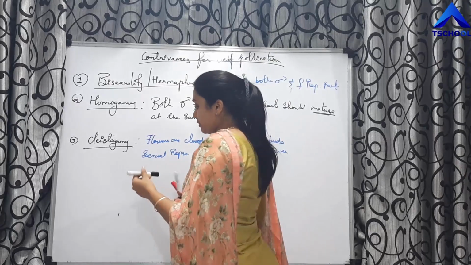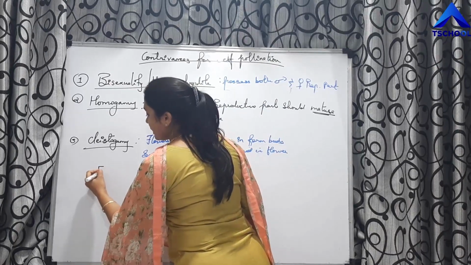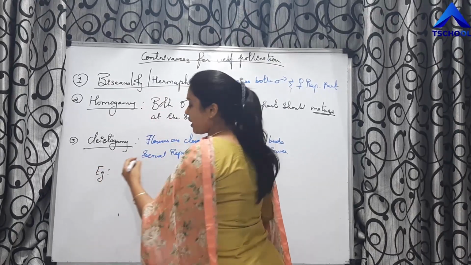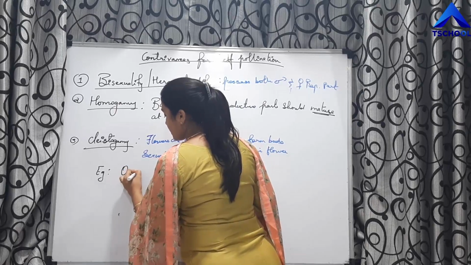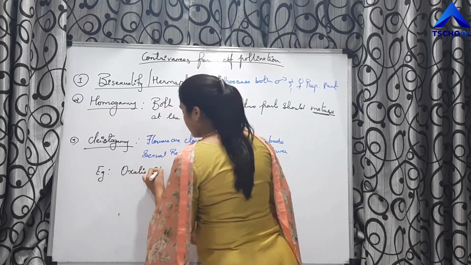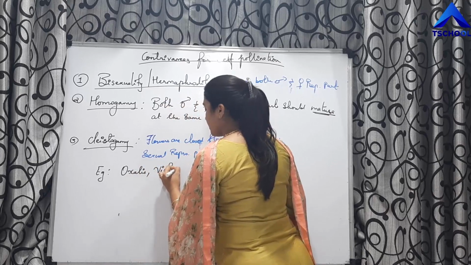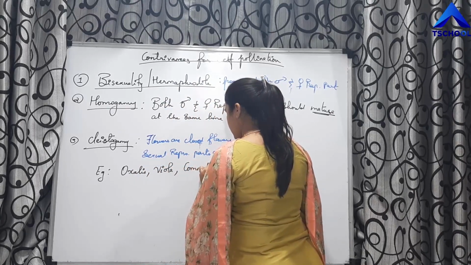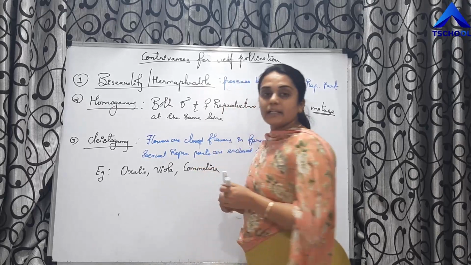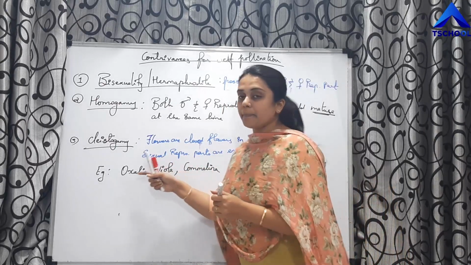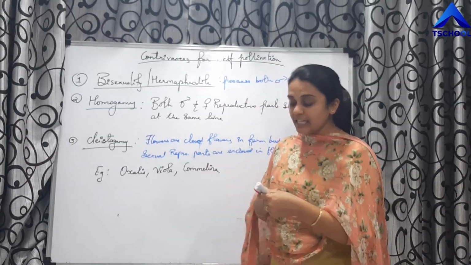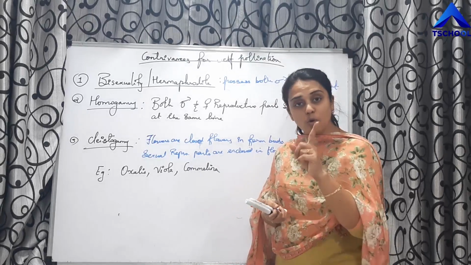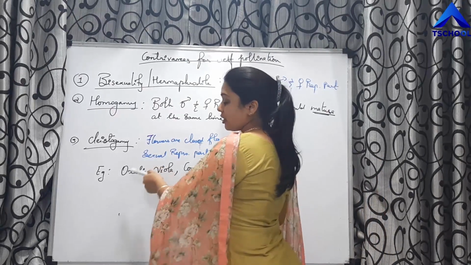So examples of cleistogamy are oxalis, viola, commelina, right? These are the plants which possess cleistogamous flowers also, which means you have to remember this.